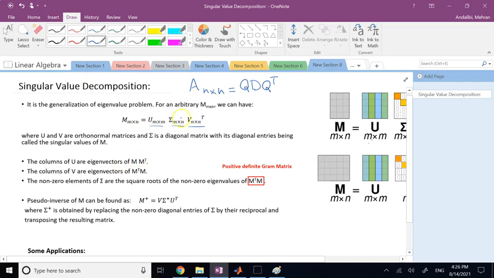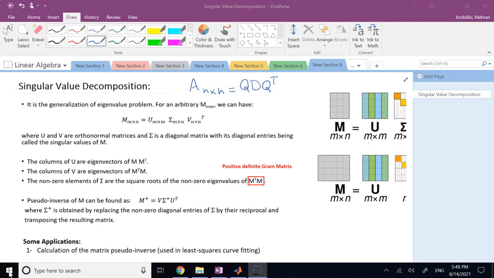And U and V are orthonormal matrices, meaning that U inverse is the same as U transpose, and V inverse is also the same as V transpose.